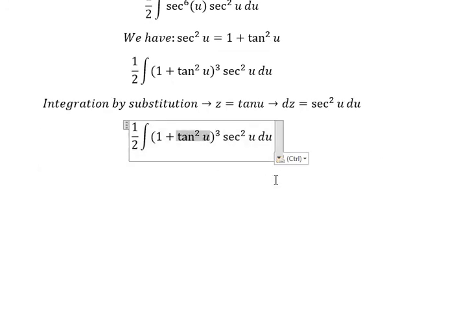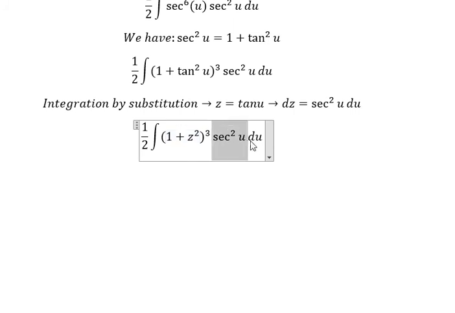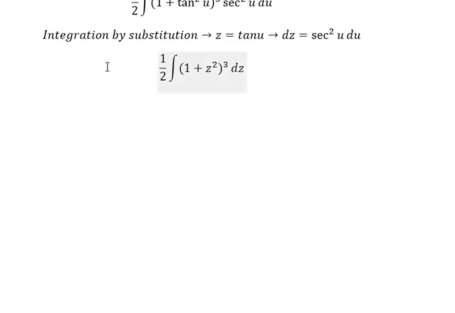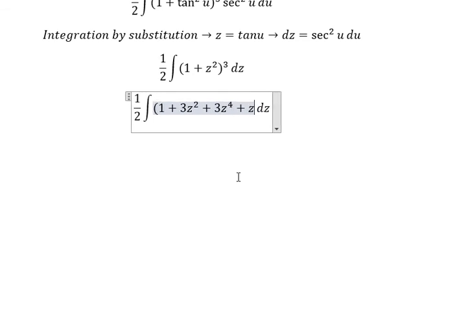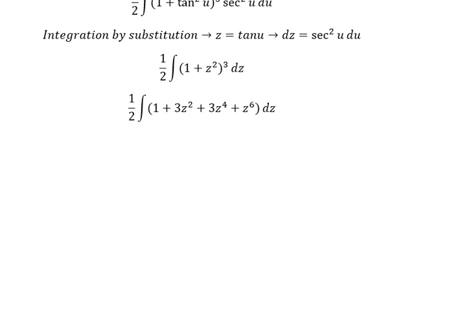This one we change for z and you get the power of 2. This one we change to dz. Now we need to expand this one. And now we can get the final answer.